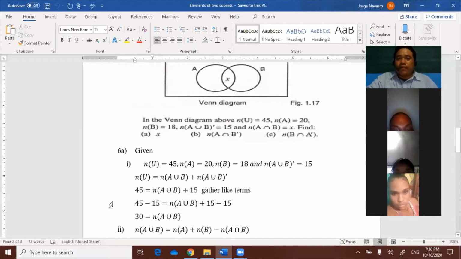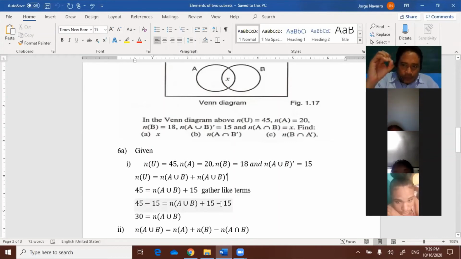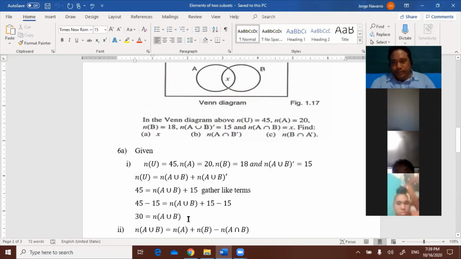So I'll say 45 minus 15 equals the number in A union B plus this 15 minus the 15. Since I minus 15 on this side, I have to minus 15 on this side. What is 15 minus 15? It will give me 0. So I have 45 minus 15 is 30. So 30 is equal to the number of A union B.